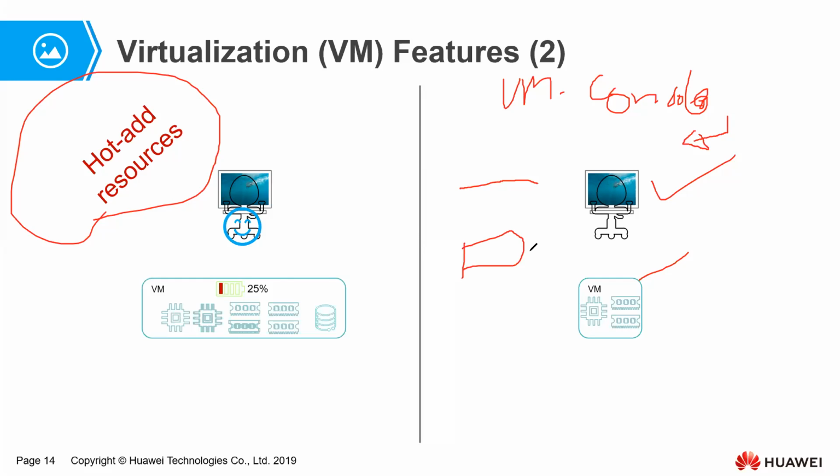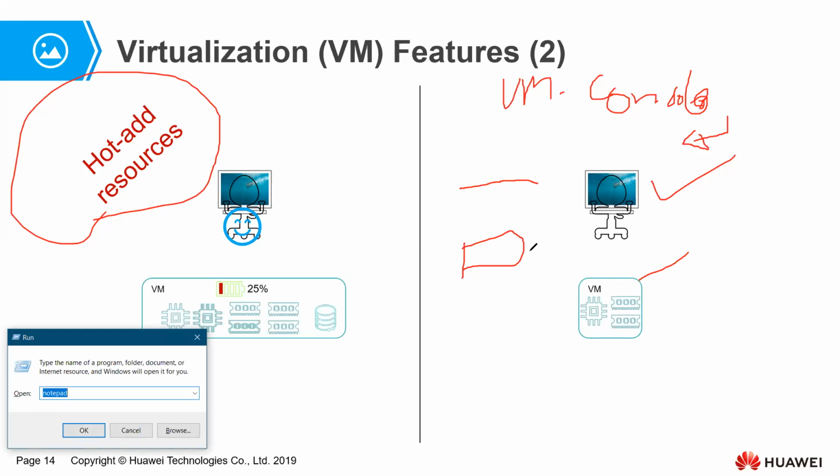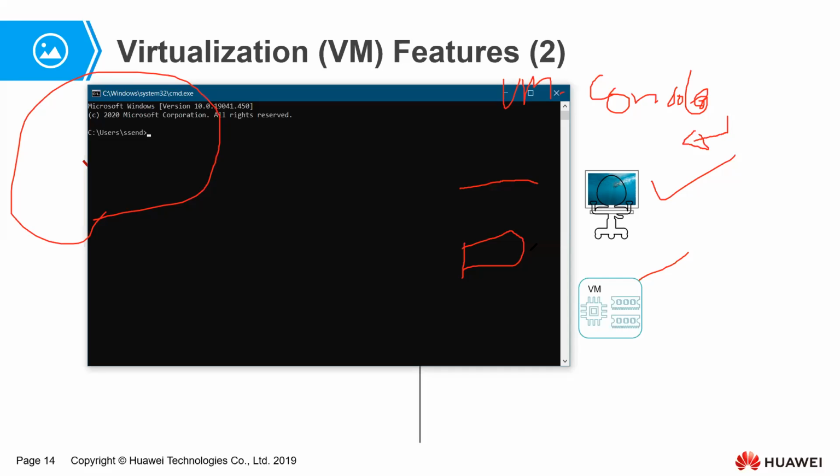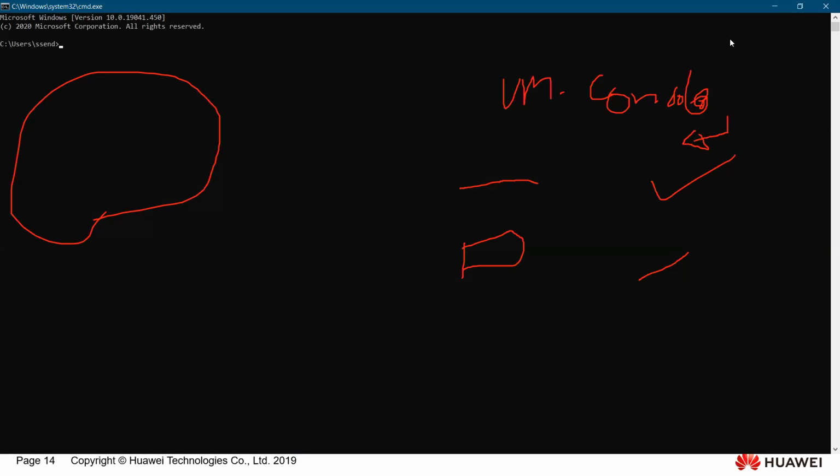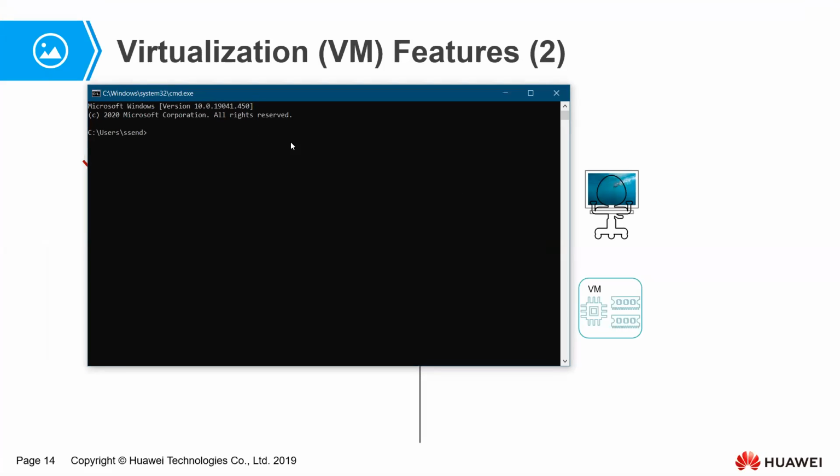Sometimes they call it a terminal, sometimes they call it a console. So you need some kind of console for you to be able to log in using that console that is provided.